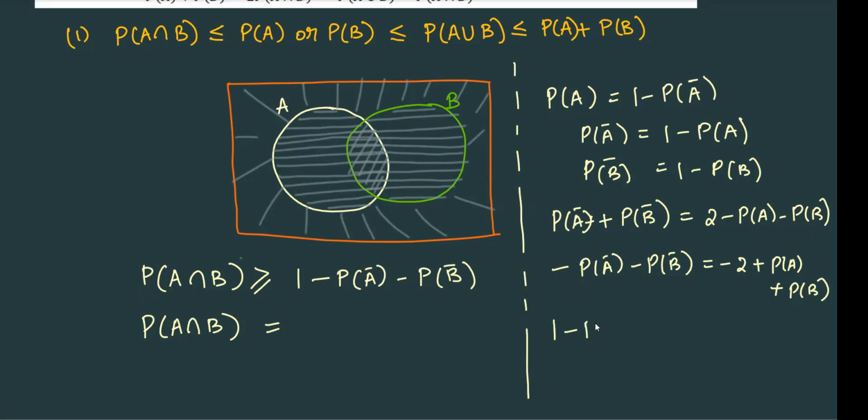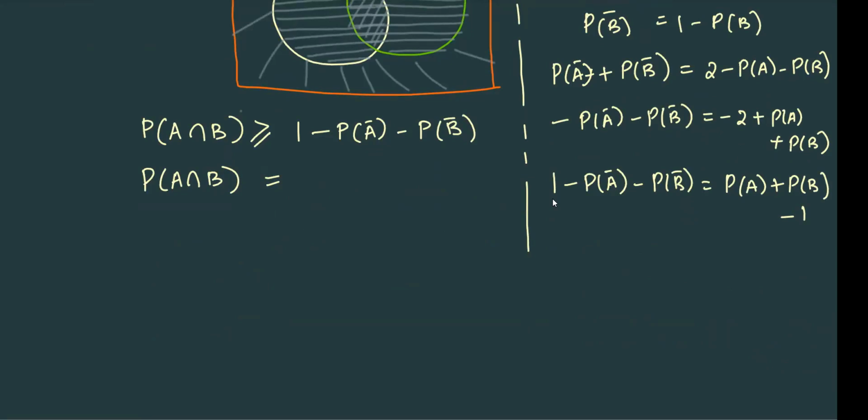So 1 minus P of A bar minus P of B bar is P of A plus P of B minus 1. Okay. So this is equal to P of A plus P of B minus 1. So this part we can easily prove.